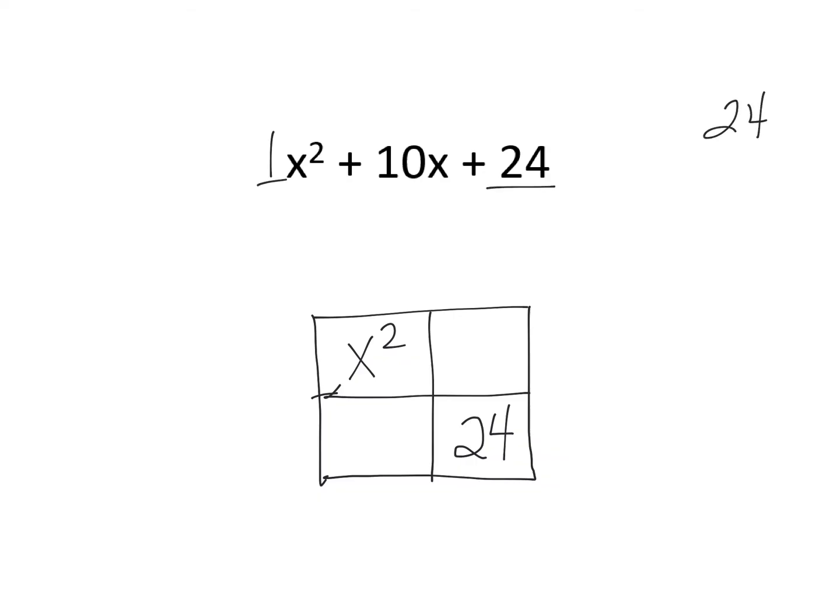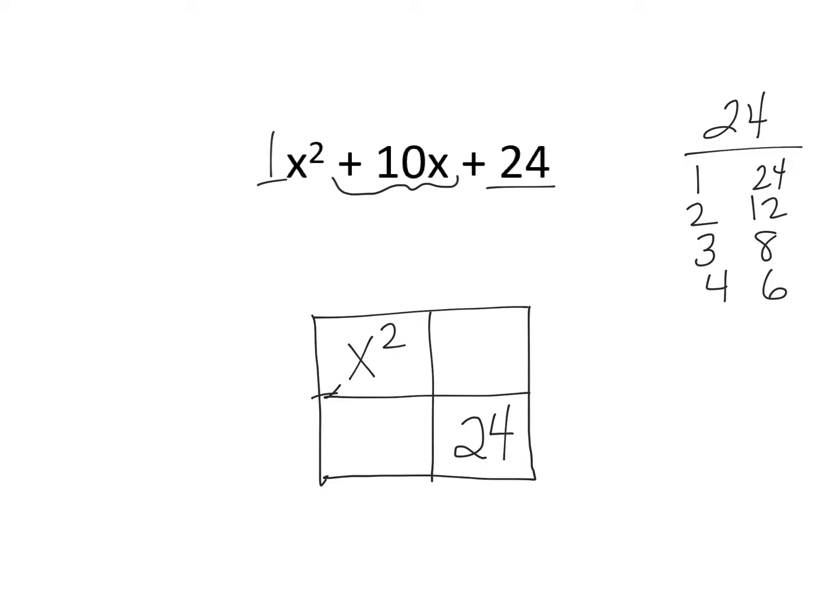Now, the number in front of x is not always 1, but for the first 4 problems, it's going to be. And then you're going to find the factors of 24. 1 and 24, 2 and 12, 3 and 8, 4 and 6. That's it. And we're looking for factors that will add up to become a positive 10x. And we know all these have to be positive because, well, they could have all been negative because two negatives would equal 24.